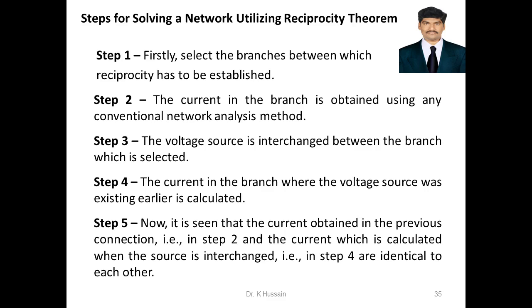You have 4 steps here. The fifth one is just for conclusion. First, you select the branches for which you want to apply reciprocity. Second, find the current. You can use any conventional network analysis method, either nodal analysis or loop/mesh analysis; there is no restriction. Third, shift that source to the next branch you selected, and again find the current in the previous branch, where we had the source.